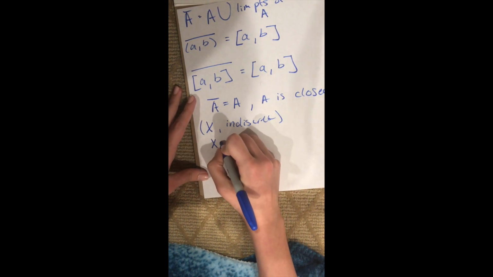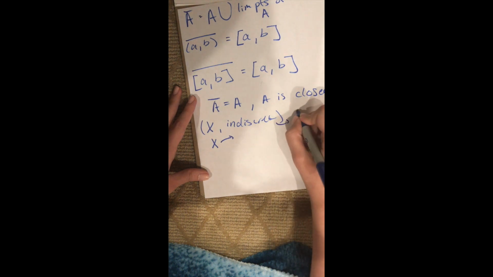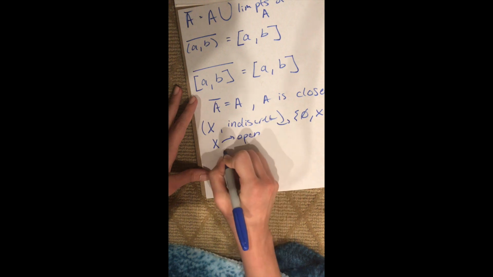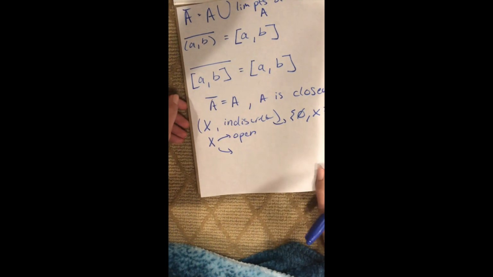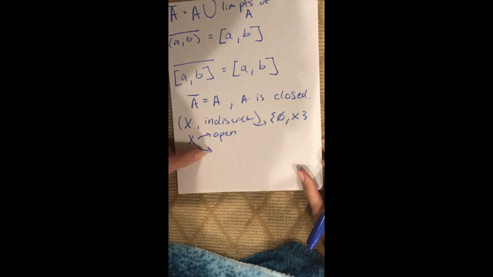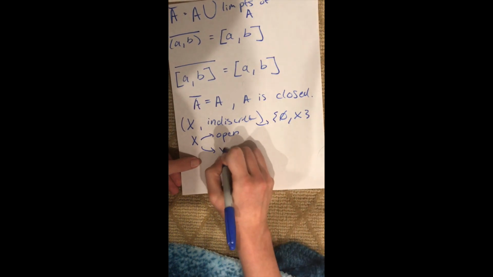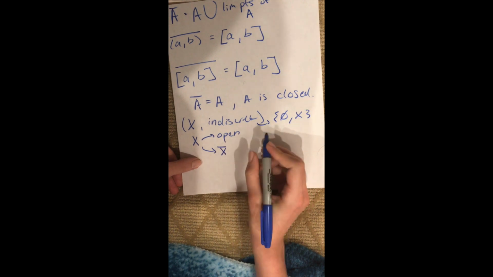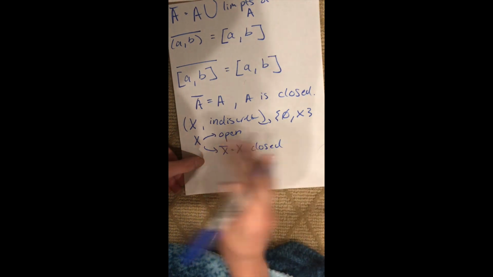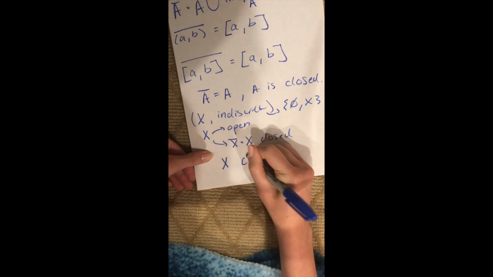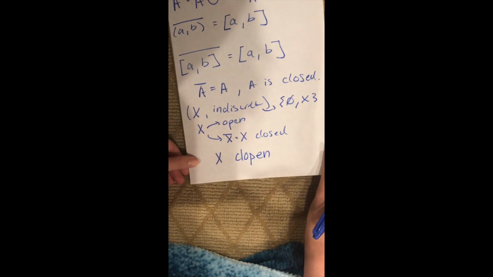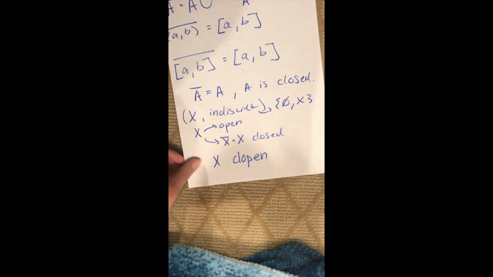X, of course, is in the topology because the topology was just the empty set and all of X. So X is open, and any limit point of X has to be inside of X. So X contains all of its limit points, and the closure of X does not add any new points. That means X is closed. When you have a set like this, we call it clopen. You can just enjoy that for a second.